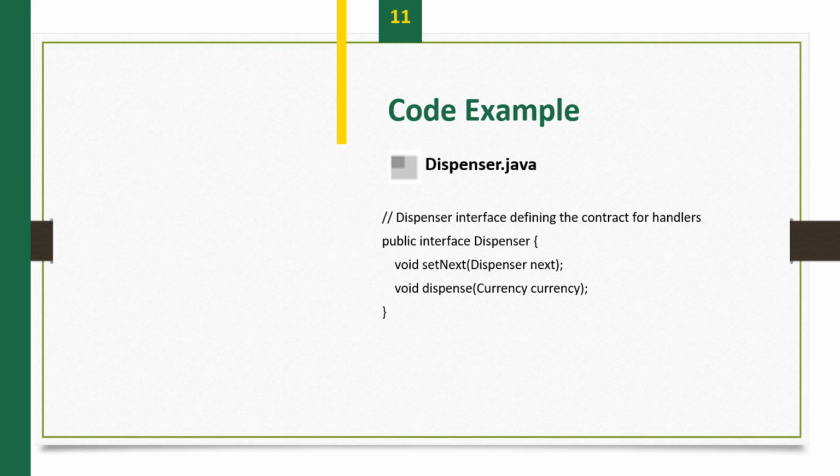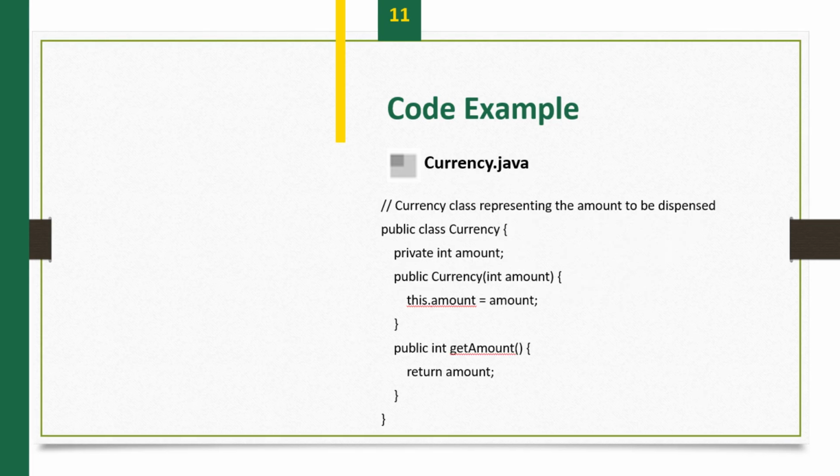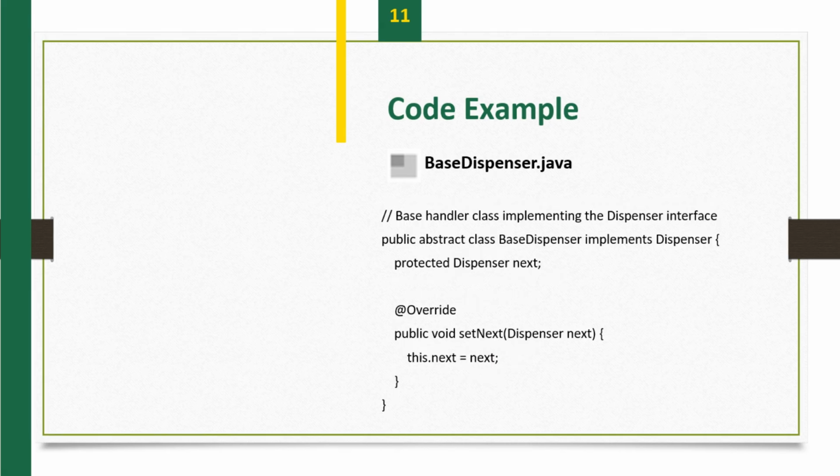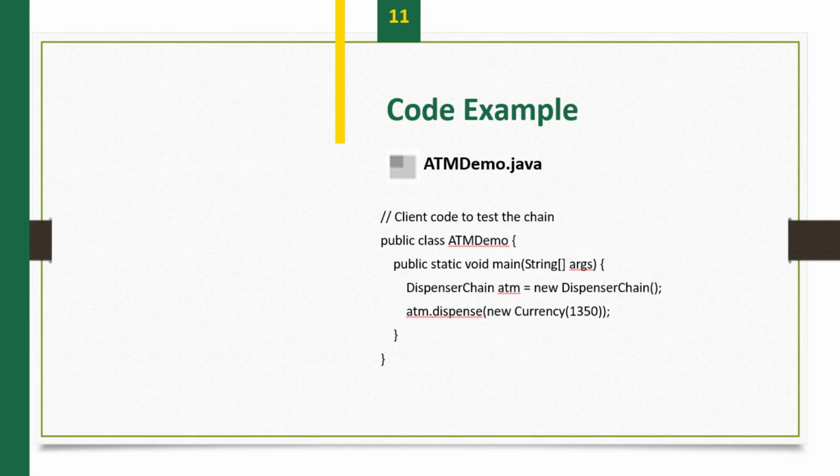It declares the method setNext to set the next handler in the chain and dispense to handle the request. The next class is currency. This class represents the currency to be dispensed. It has a simple amount attribute. Then there is the base dispenser. This is an abstract class implementing the dispenser interface. It holds a reference to the next handler in the chain.